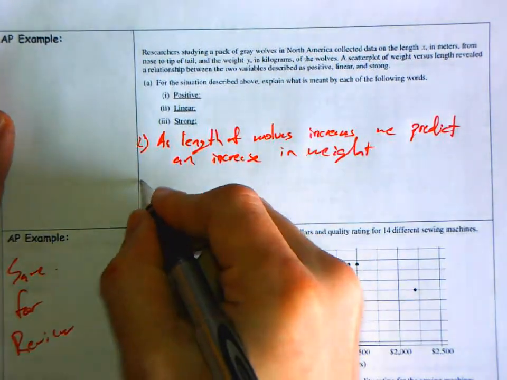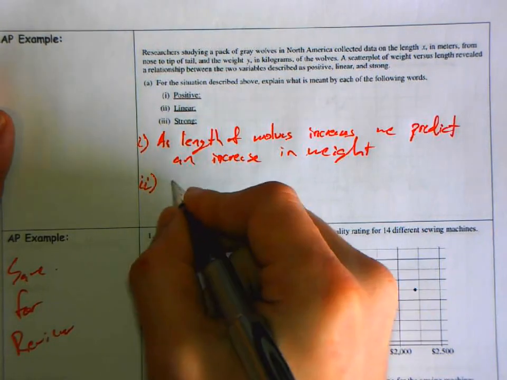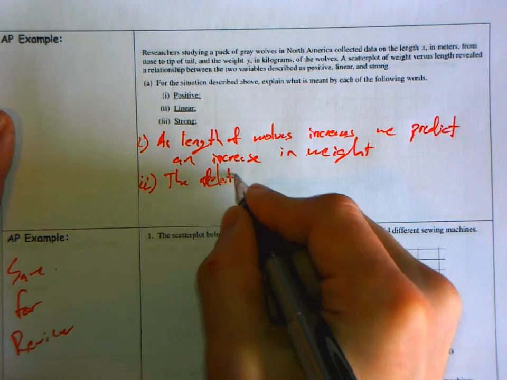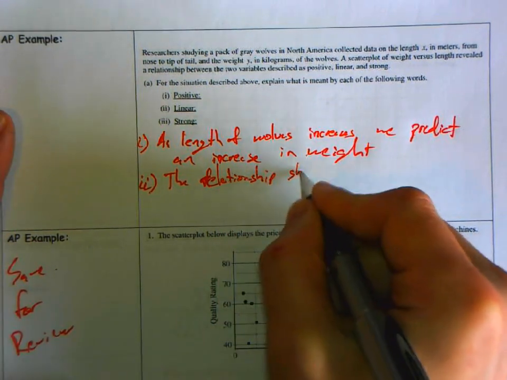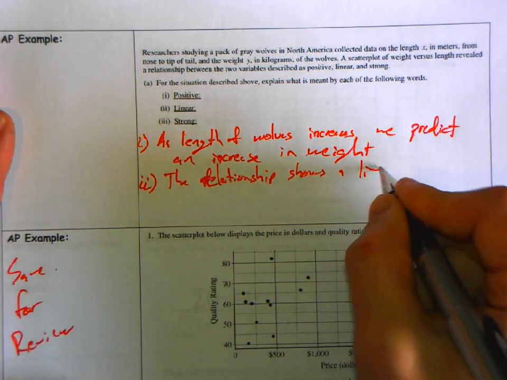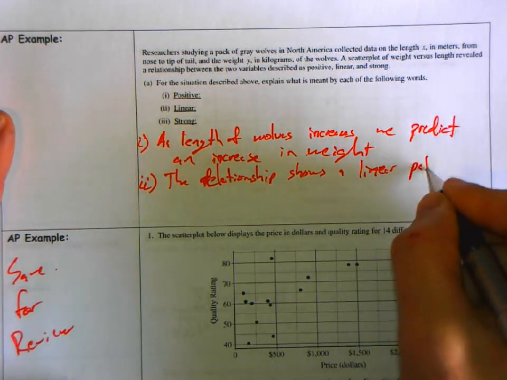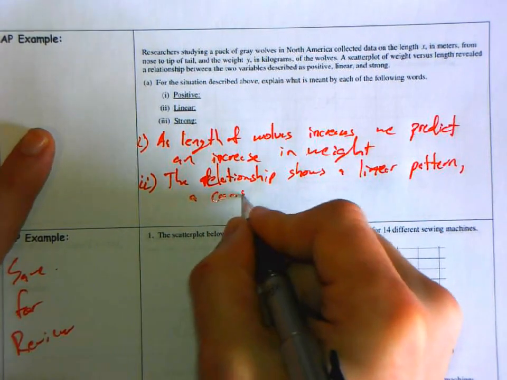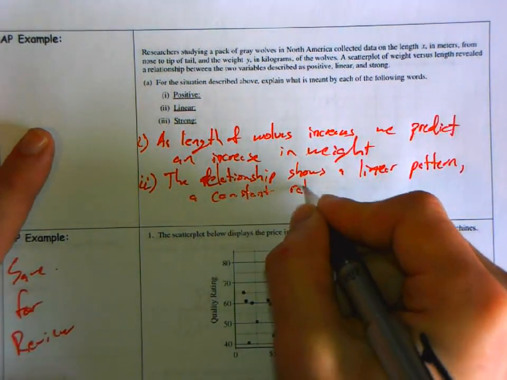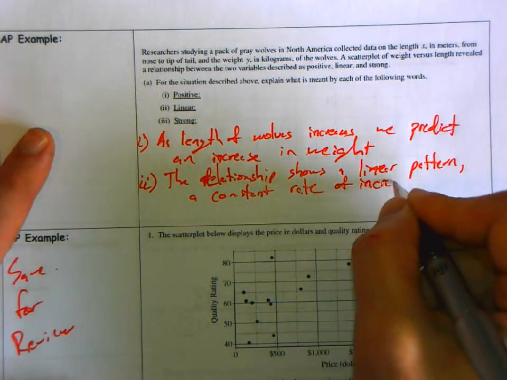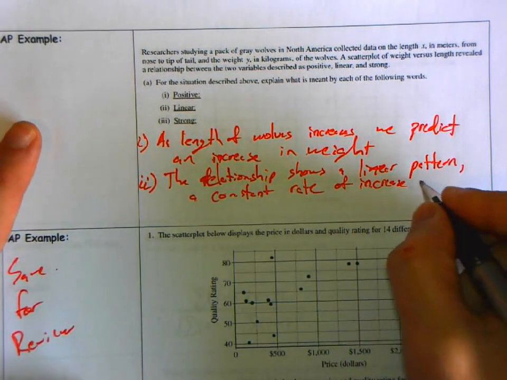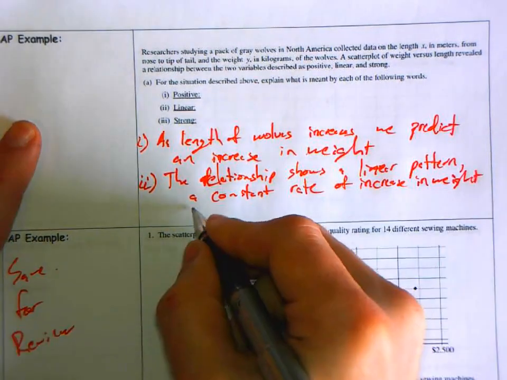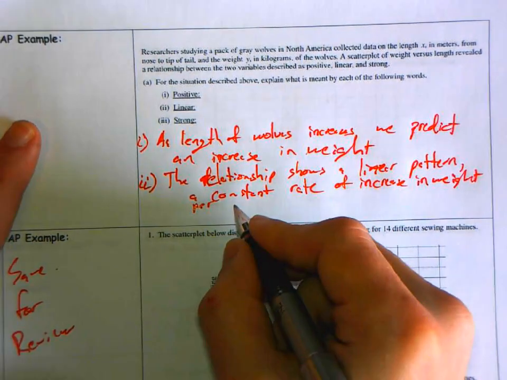Linear, what does linear mean? The relationship shows a linear pattern. What does a linear pattern look like? A constant rate of increase in weight per length.